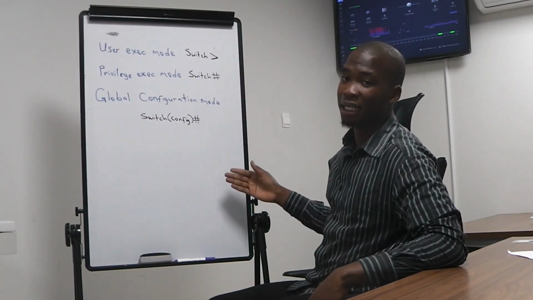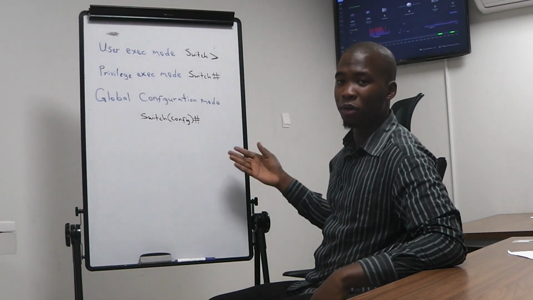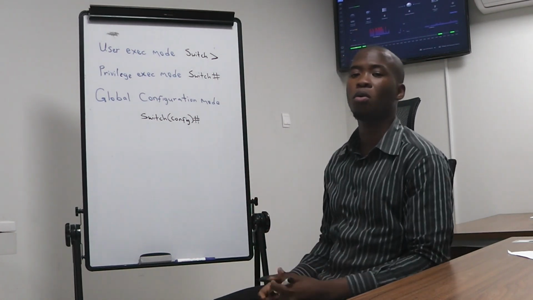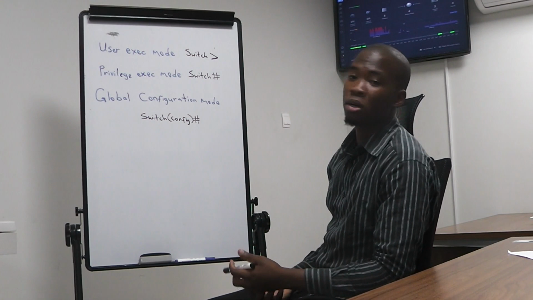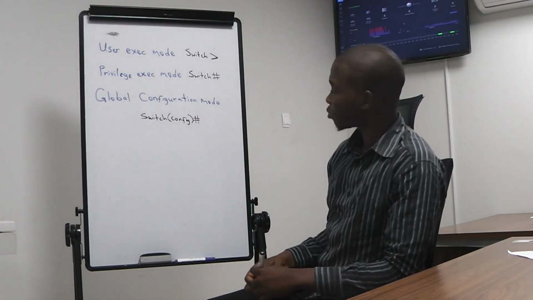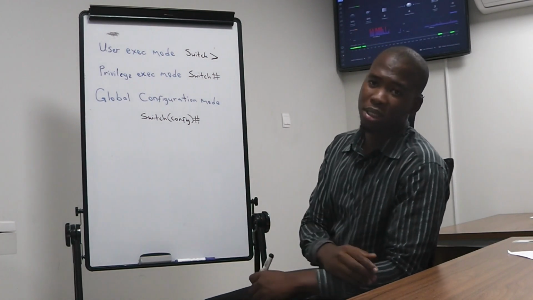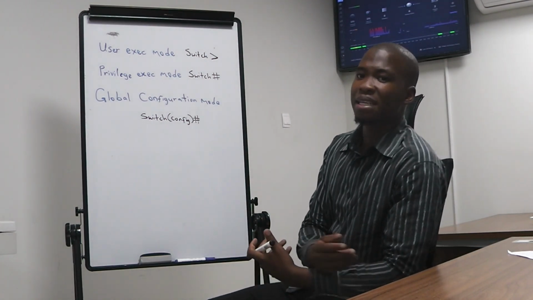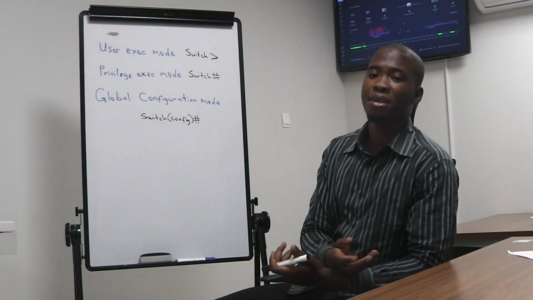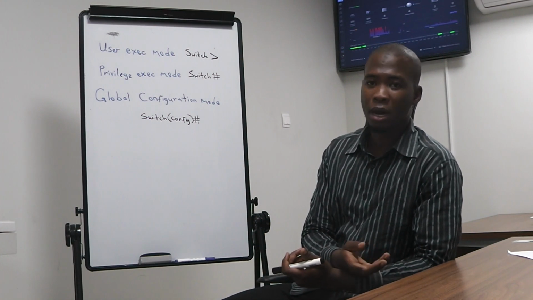So basically these are the three modes that you have, and people also call them the base configuration modes. Of course, after getting to the global configuration mode, there are other modes that you can also have. Let's say you were to configure an interface of a switch or a router.